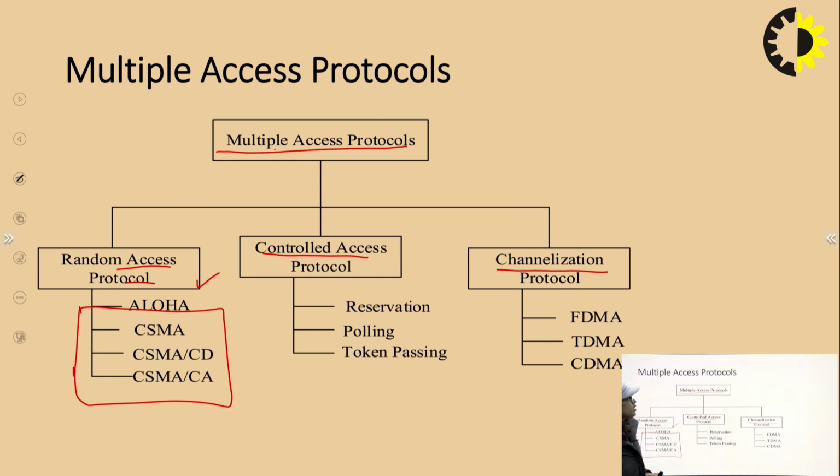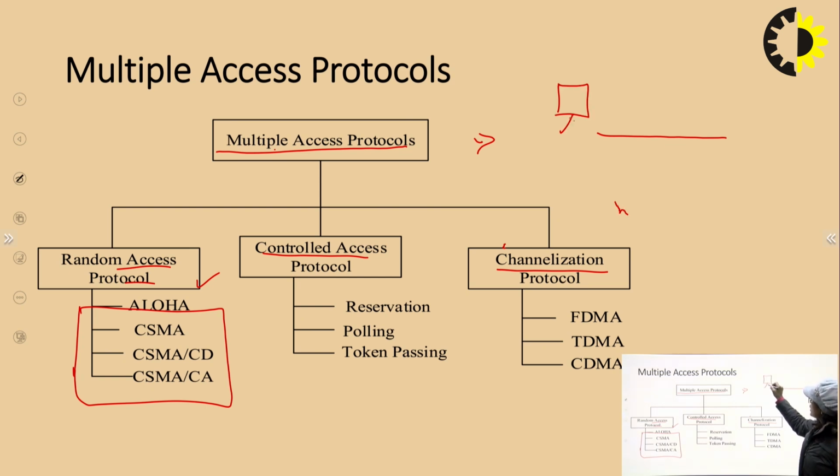What is the meaning of media access? Let's start from the main origination point. Media is a way. Suppose you have a device A and a device B, and these devices want to communicate with each other.